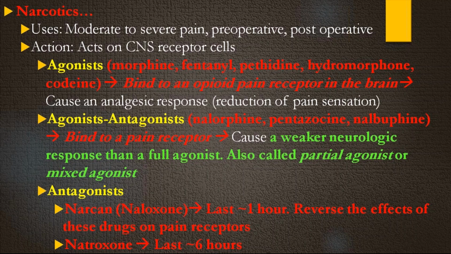Methadone is an opioid too, but it's less toxic and less addictive. That's why we start to give this to the patients in order to start his or her treatment. Okay, so that is opioids.